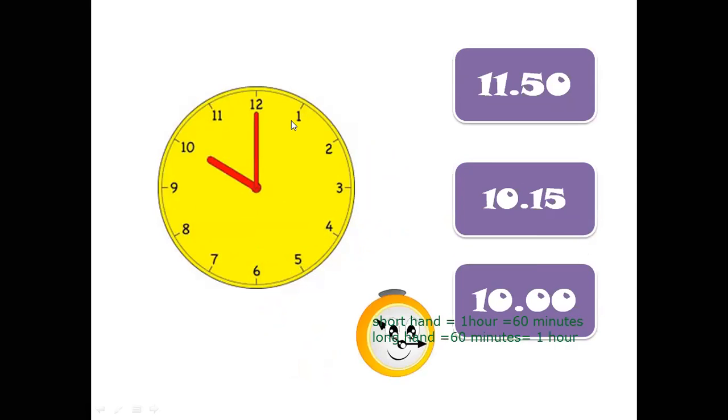Before unmuting your mics and having the quiz, I'm going to explain what we say when the hand goes to 1. If the longer hand is on 1, what is the time?